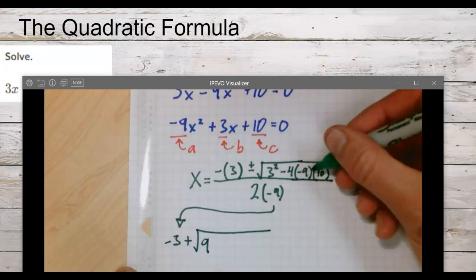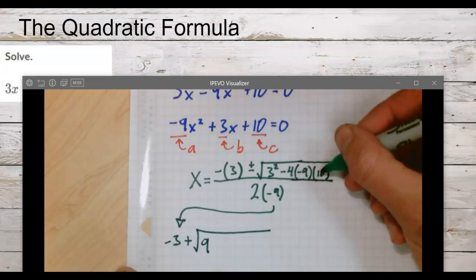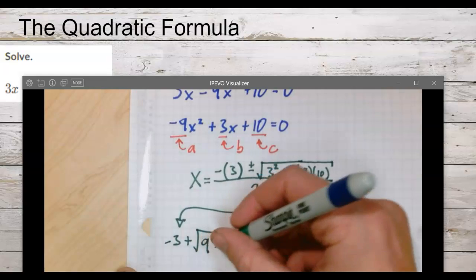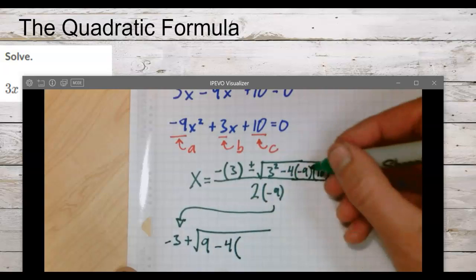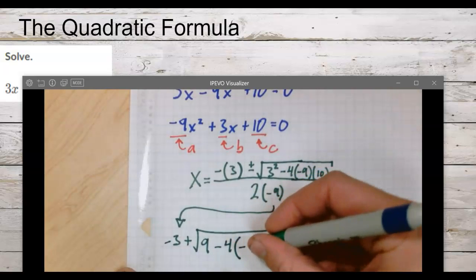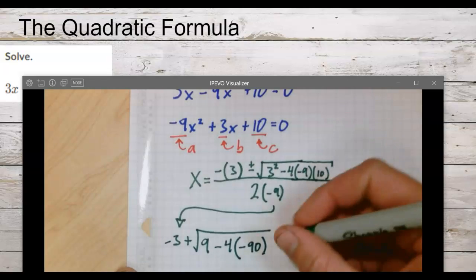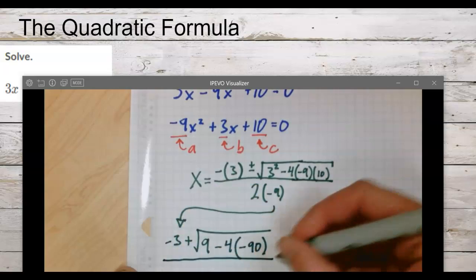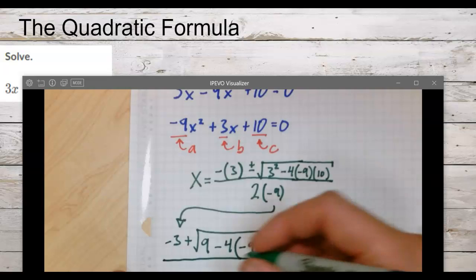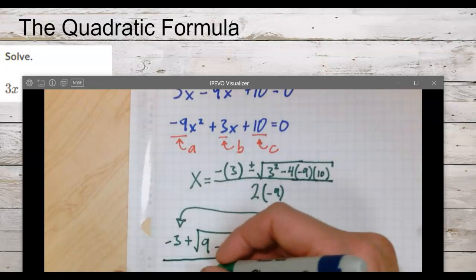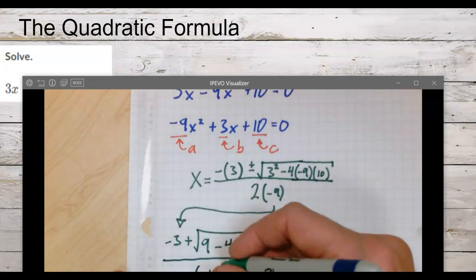Okay, so negative 9 times 10. I'm going to go ahead and just keep some of this left to solve. I'm not going to skip too many steps. Everyone should be doing this with me, please. Over negative 18.